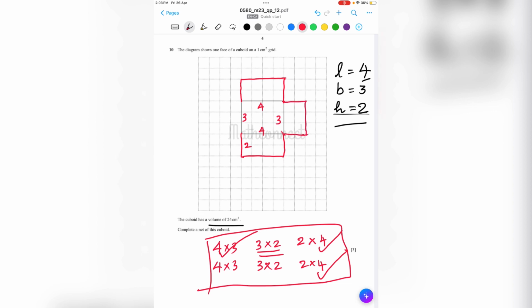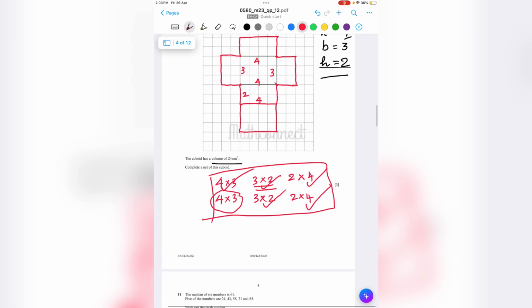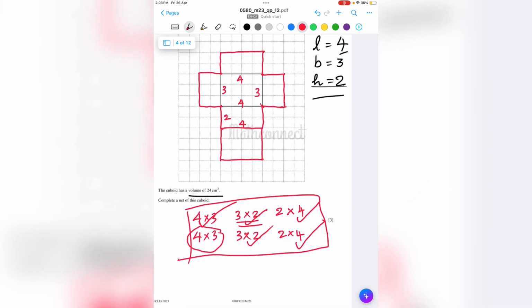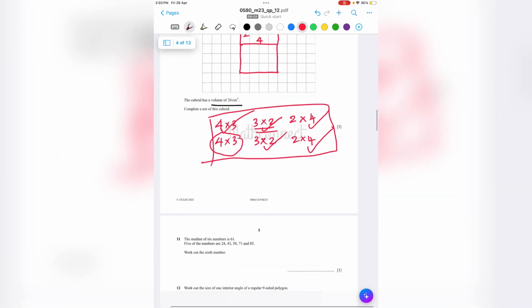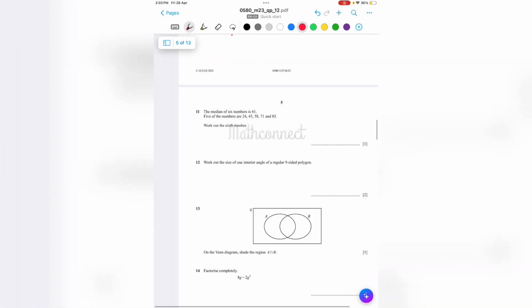So the face is over here. So both of this is also done. Now we only have 4 by 3 left. So we can draw it over here. Already 4 is placed here. So 3 blocks down. So I'm going to continue like this. So my net is completed. So this is how the completed net of the cuboid will look like. Let's move on to question number 11.